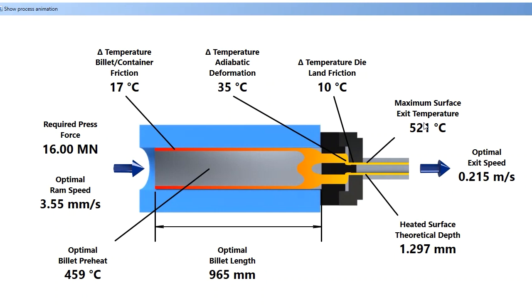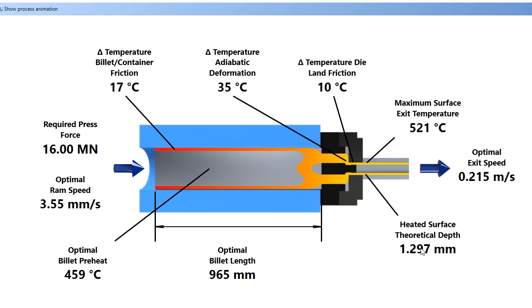The temperature of an extrusion usually isn't constant throughout its cross-section. Pretty frequently there's a temperature gradient that exists in the extruded cross-section. And we can get a pretty good idea of what that temperature gradient looks like for this part based on this theoretical depth of the heated surface.